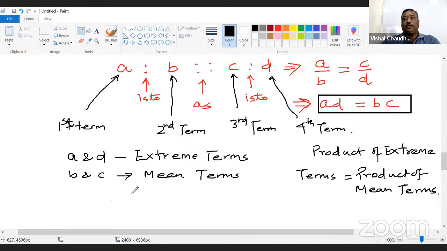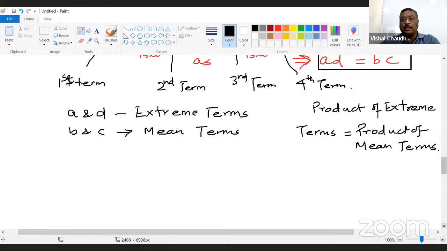Now understand one more thing, and that is, if any of the terms is missing out of the four, we can find it out. Let's assume like this, please.